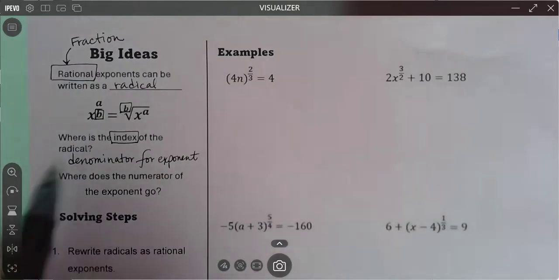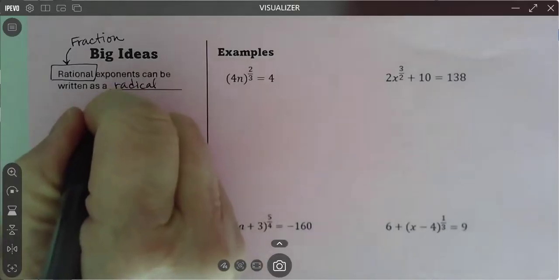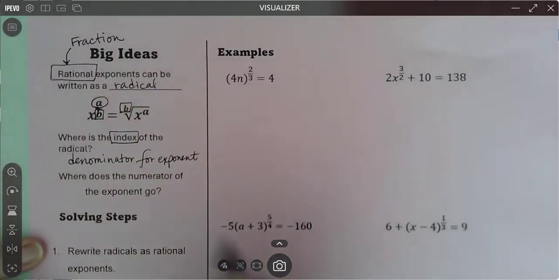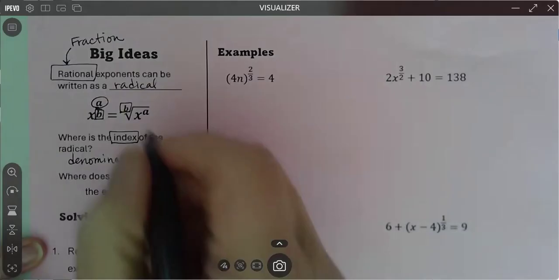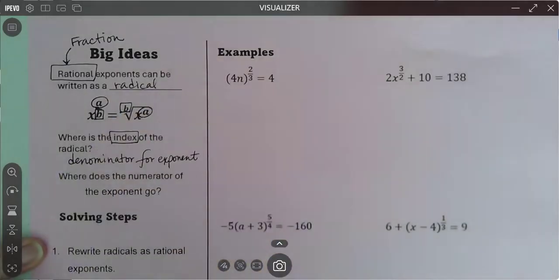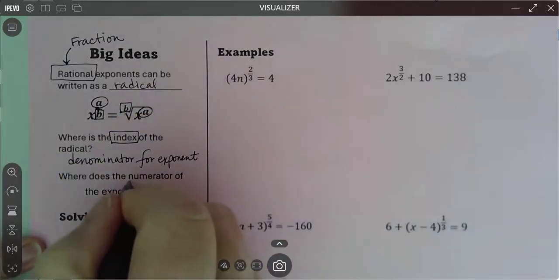And the numerator of the exponent stays an exponent, but you can write it inside the radical.